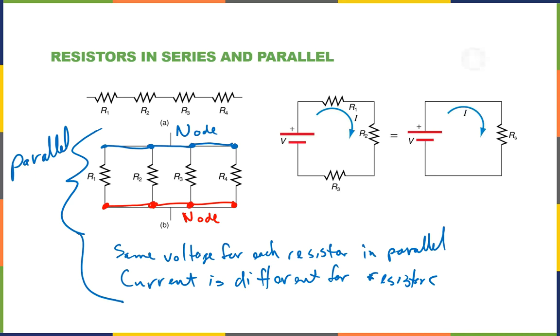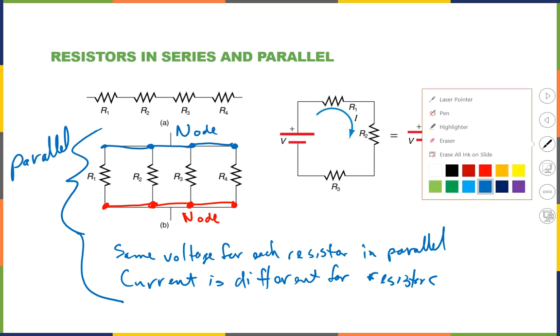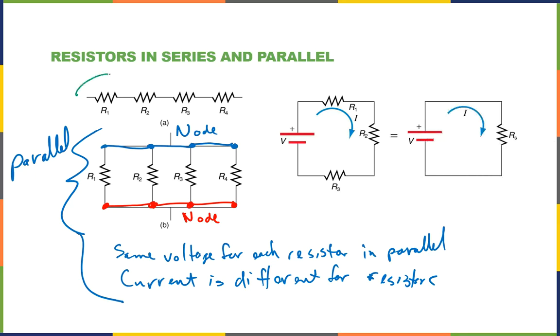Series, on the other hand, so I'm going to change to green for series. This here is series. Series, any current that goes through one has to go through the next, has to go through the next, has to go through the next, and comes out. Because there's no other pathway. Series, you have them connected in serial, one right after the other.